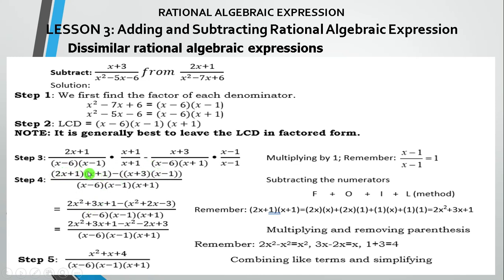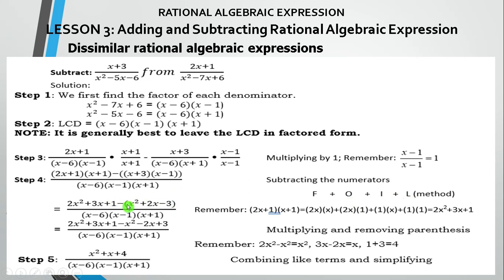So, if we use FOIL method here, the result is 2x squared plus 3x plus 1. And this one also, if we use FOIL method, x squared plus 2x minus 3 yung kanyang result. So, paano po gagamitin ang FOIL method? So, meron pa tayong separate video yan. So, just check on my channel kung paano po gagamitin ang FOIL method.